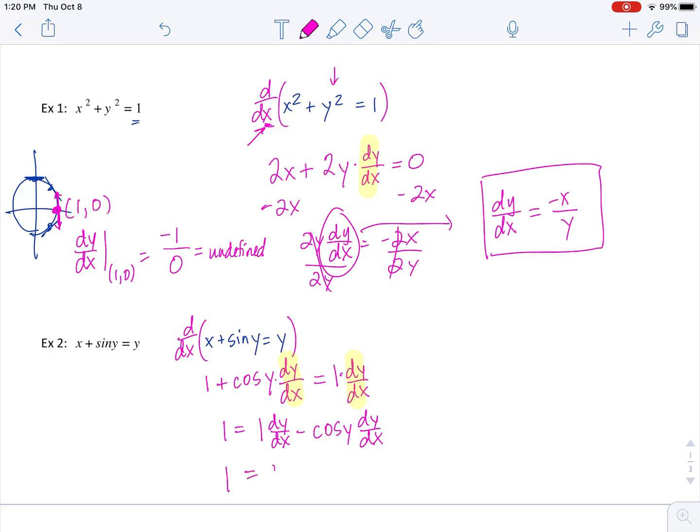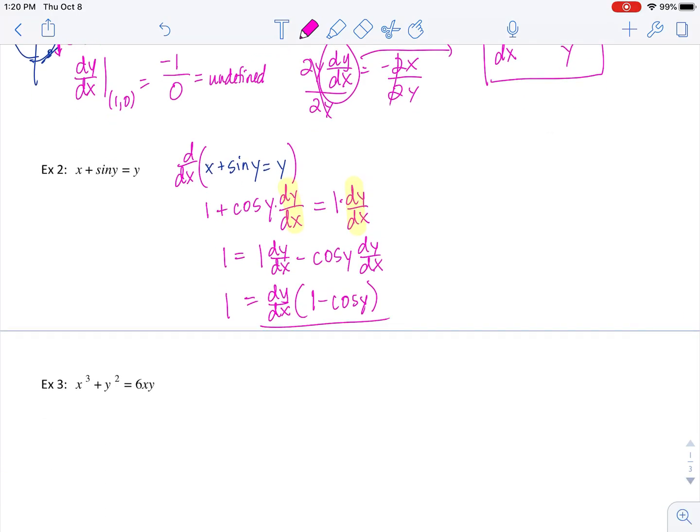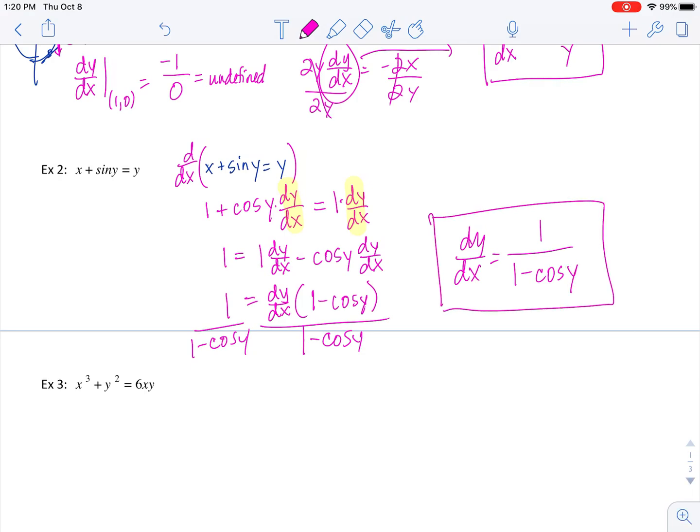Then I'm going to factor out the dy/dx from each of the terms on the right and get left with this. And then I'm going to divide by 1 minus cosine y. So dy/dx in this problem is 1 over 1 minus cosine y.